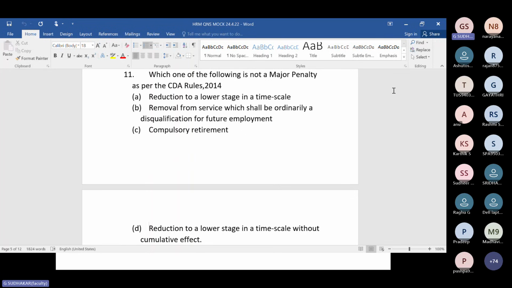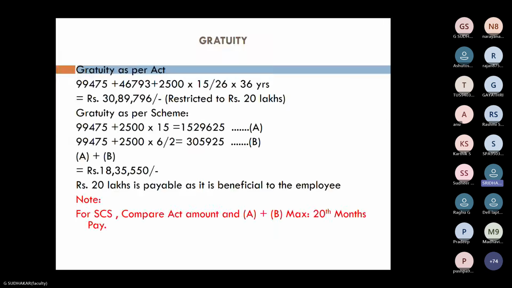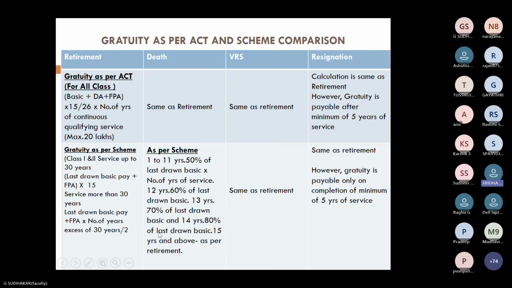The benefit is already given. He has received it. After that, he died in 10 days or 1 week or 15 days or 1 month. After that, the family will get the enhanced family pension. That is why, for uniformity, once it becomes eligible to pay to the employee, that has to be given to the legal heir if he died.